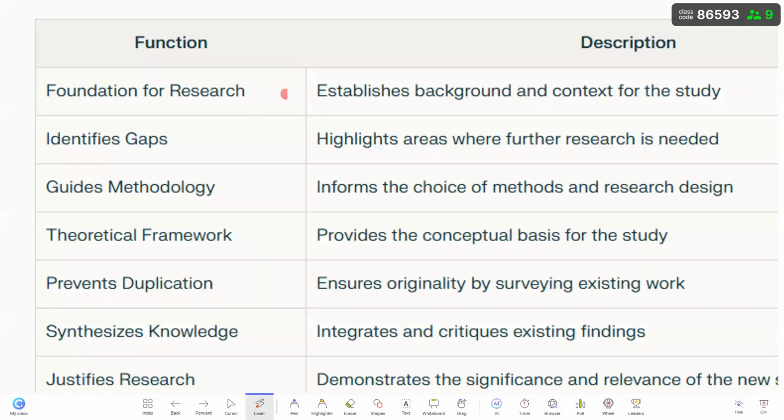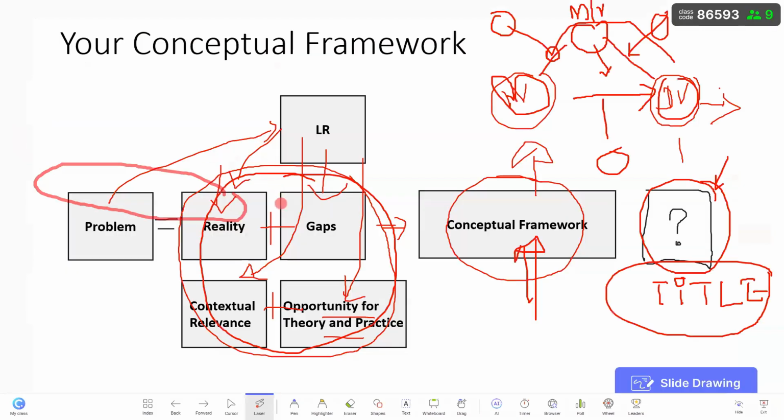Now, with that knowledge, literature review offers several functionalities. It provides the foundation for research, as you said earlier, it helps in identifying gaps, and it guides your methodology. Not only all these, but you can also design your methodology using the knowledge in the reviewed literature.